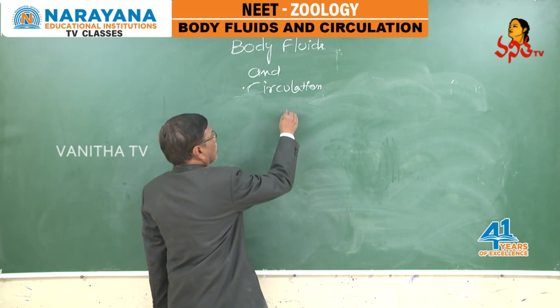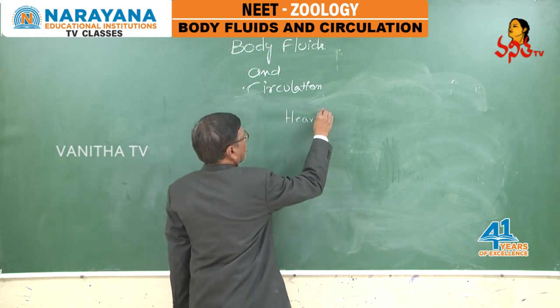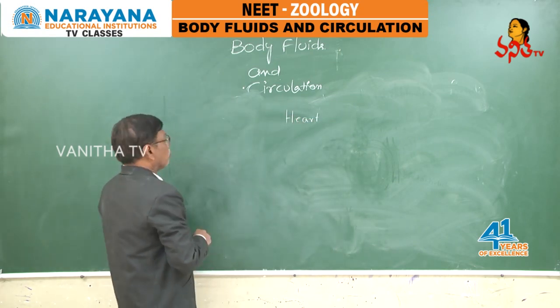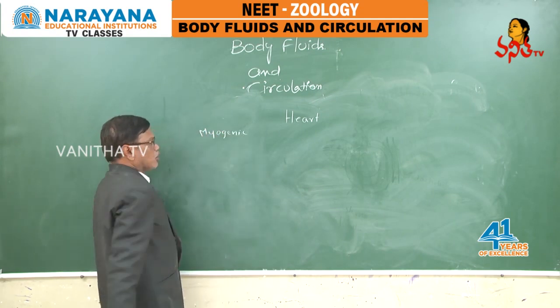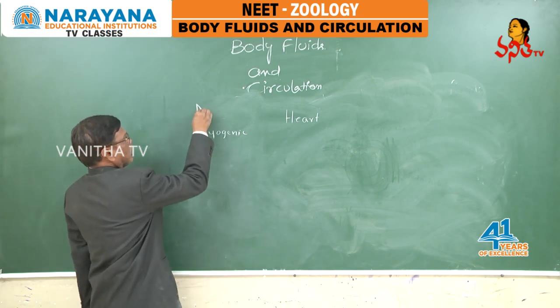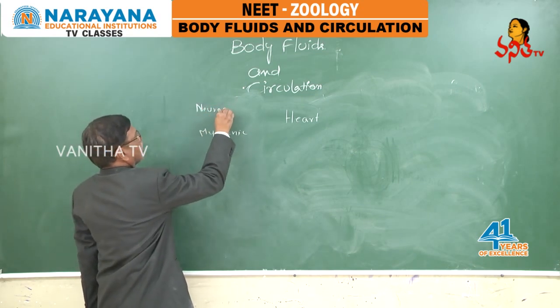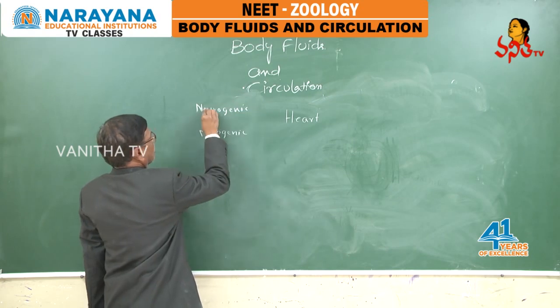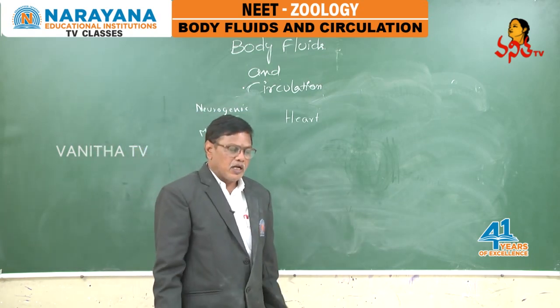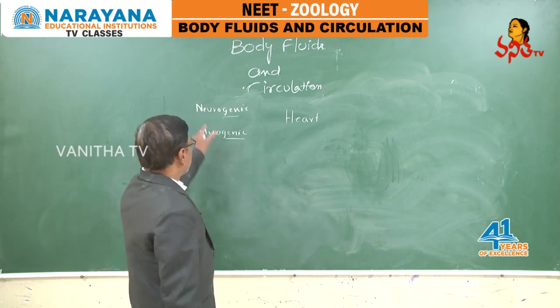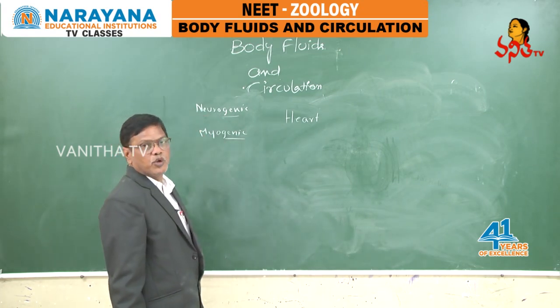The heart of human beings is a myogenic heart. What is a myogenic heart? True hearts are of two types, neurogenic heart and myogenic heart. Here, genic means what generates. If the heartbeat is generated by the nerve endings, that is called a neurogenic heart.